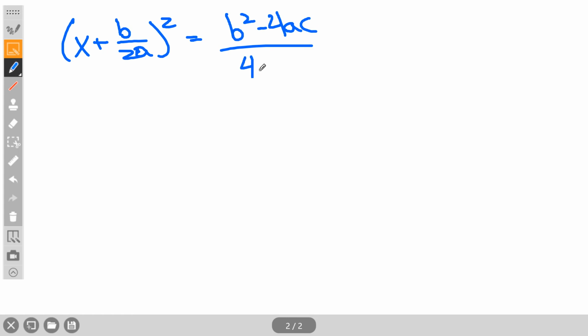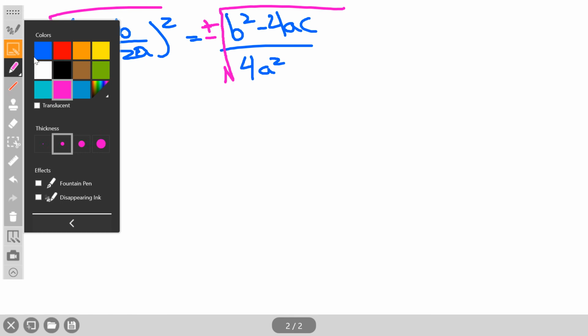So what I had was x plus b over 2a, squared, and then on the other side, I had b squared minus 4ac over 4a squared. At this point, it's in a solvable form. I can square root both sides to get rid of the square, and I have the plus or minus.